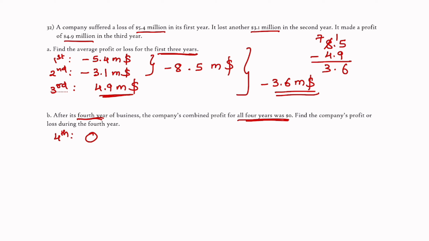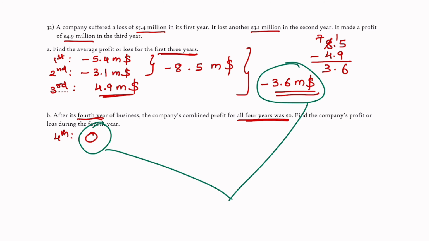Well, it's very simple. At the end of the third year, what is the situation here? It is at a loss. And at the end of the fourth year, it is zero. What do these two numbers tell us? To reach from minus $3.6 million, the loss of $3.6 million, to zero, they of course have to make a profit of $3.6 million.